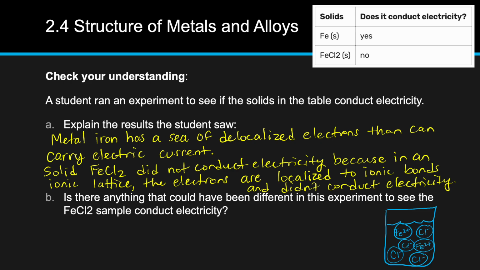And now, because those ions are freely moving, they can now conduct electricity. So the answer to B would be if you dissolved FeCl2 into water, the aqueous solution would then conduct electricity because those ions are now able to move and flow and actually conduct that current.